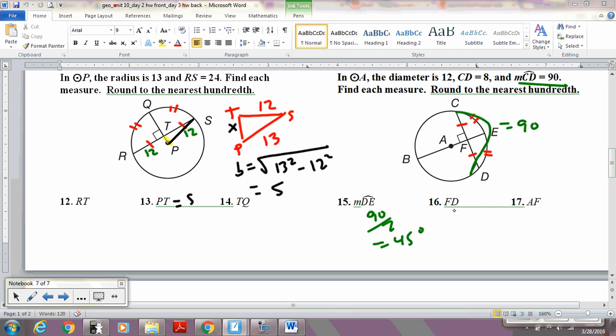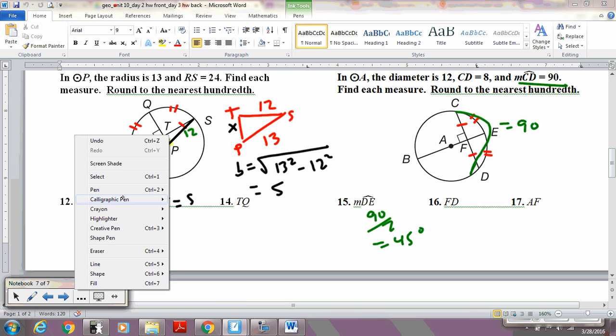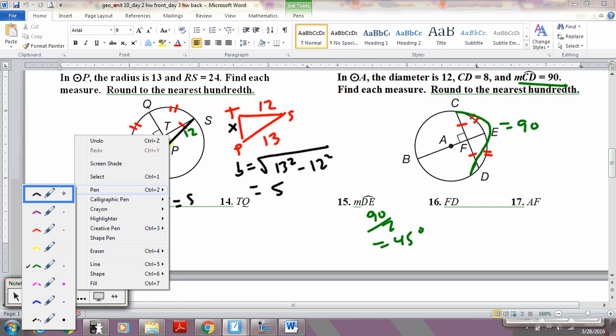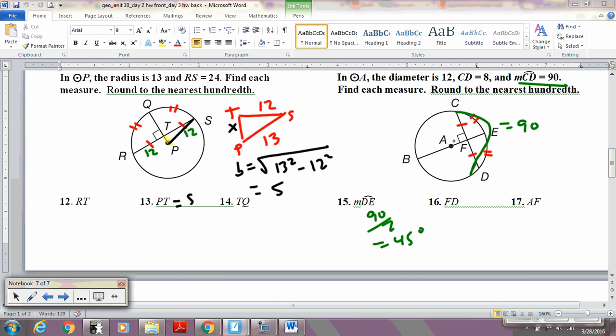And last but not least, number 17, you're looking for AF, and AF is found just like I did for PT on the previous circle. So essentially, you're going to draw another radius. So you have a right triangle, and I'll isolate the right triangle so that you can see it.